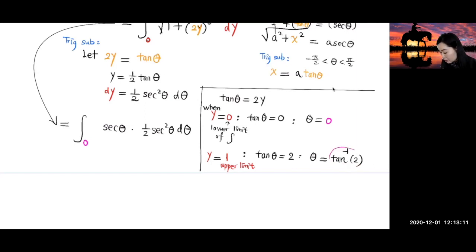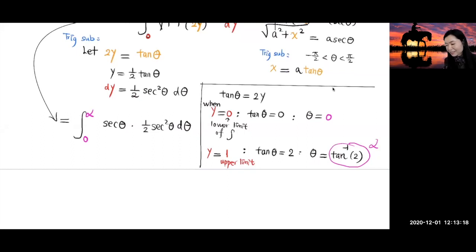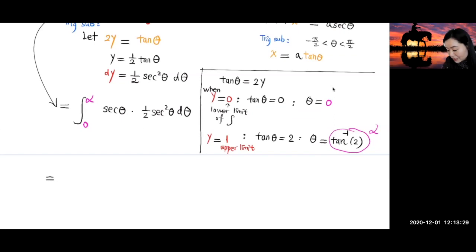Remember, alpha here is inverse tangent of 2. Now let's take out this constant multiple 1/2. You have 1/2, and then the integral goes from 0 to alpha of secant cubed theta d theta.